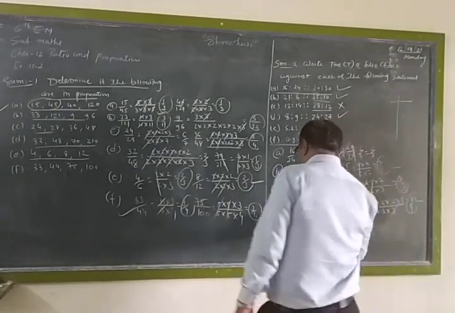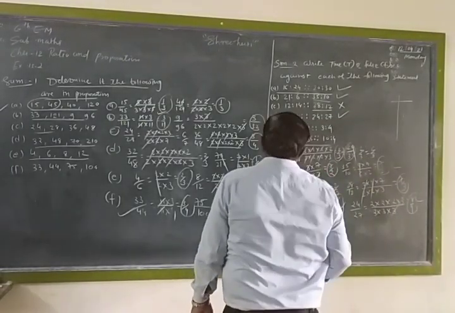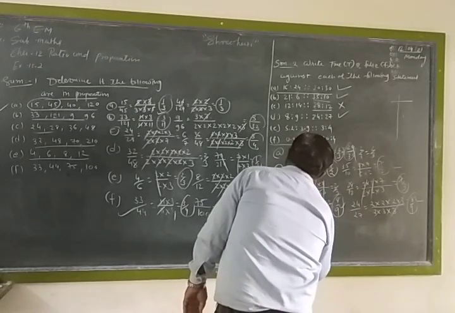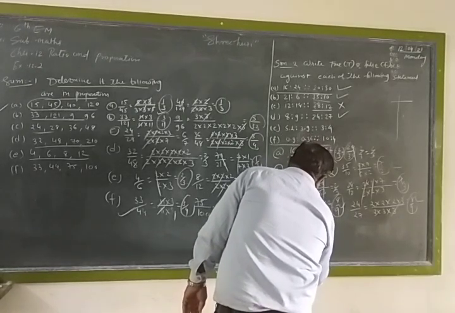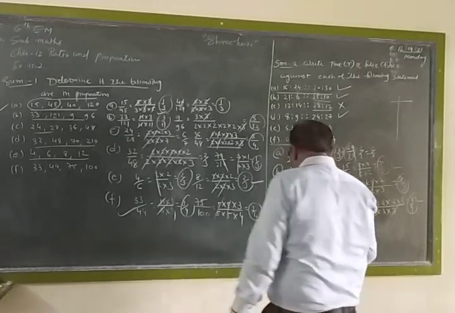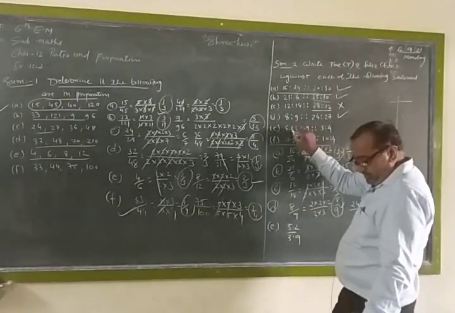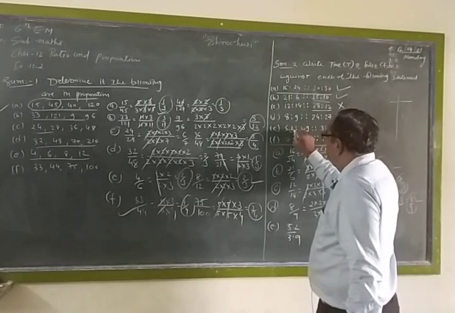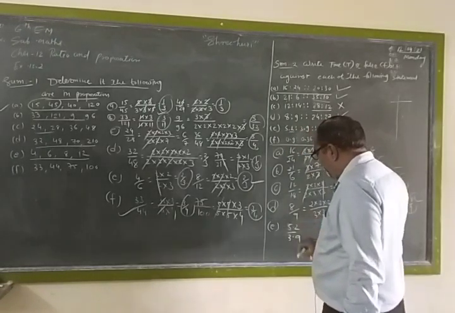Now E, 5.2 upon 3.9. Friends, here after the decimal point there is 1 digit, here also 1 digit, so both are cut.